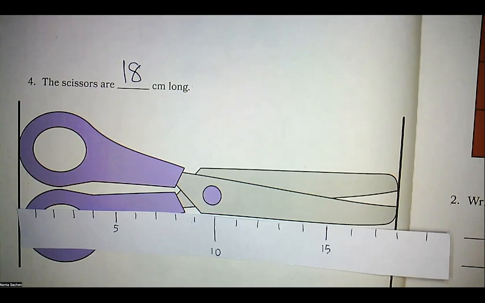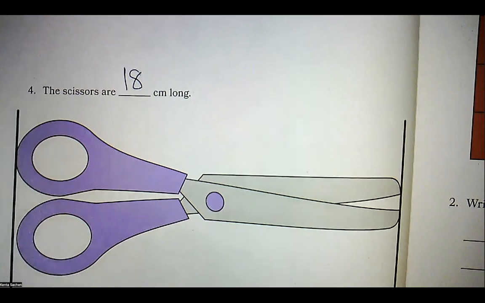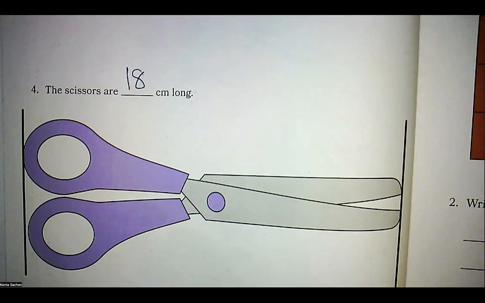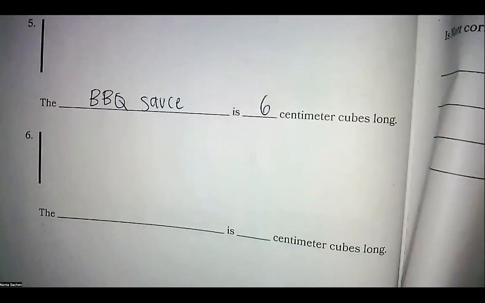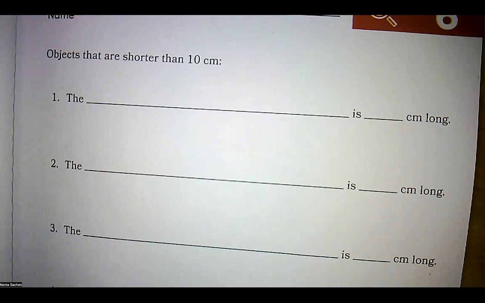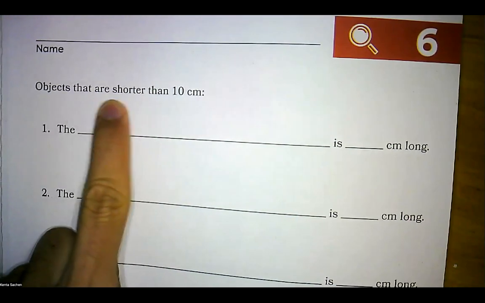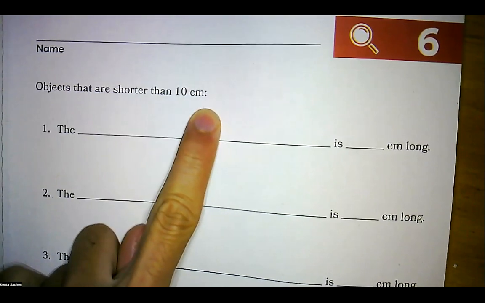All right. So I know you had some fun measuring some different objects yesterday, so I want to give us a little bit more practice with that. So why don't you turn back to page 33. Now it says that we're going to measure objects that are shorter than 10 centimeters.